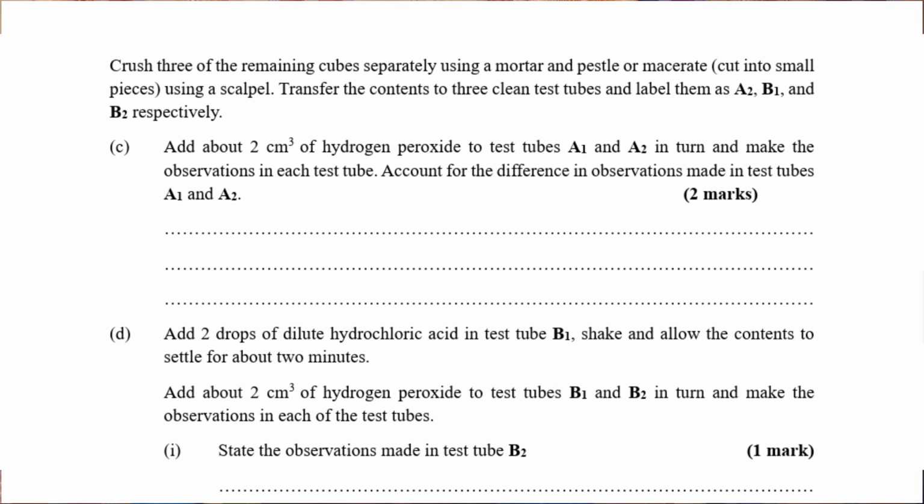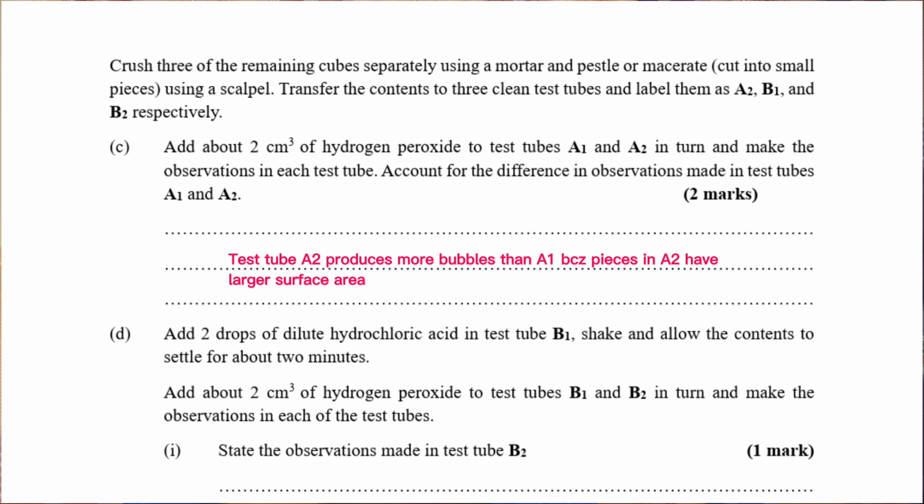Question C. Add about 2 cm cubed of hydrogen peroxide to test tubes A1 and A2 in turn and make the observation in each test tube. Account for the difference in observation made in test tubes A1 and A2. There are more bubbles or greater effervescence in test tube A2 relative to A1.